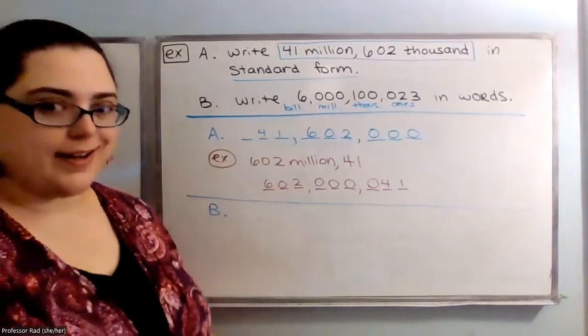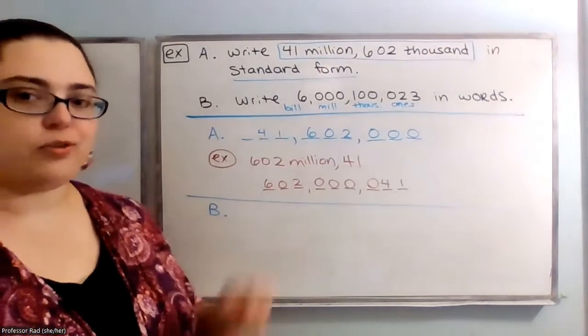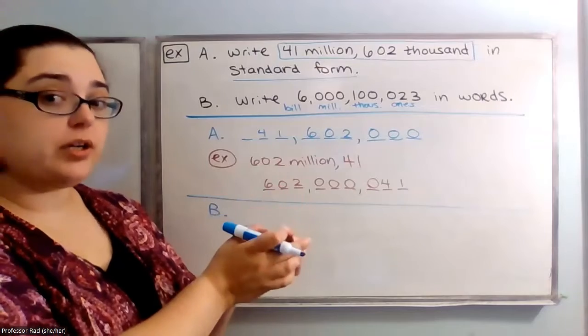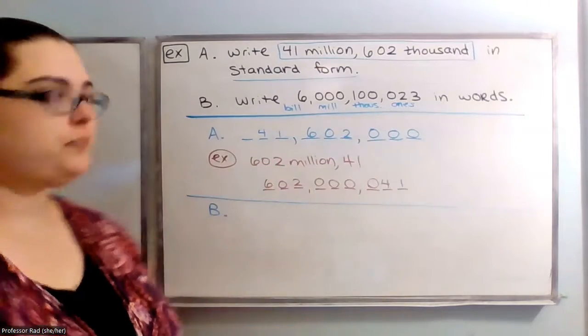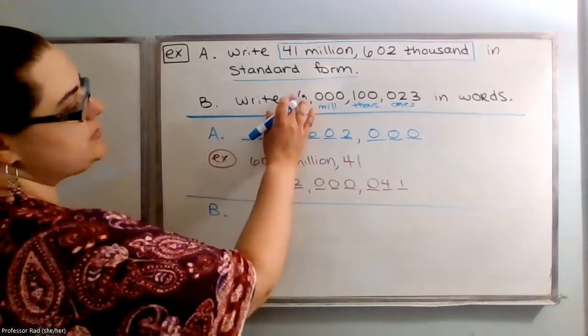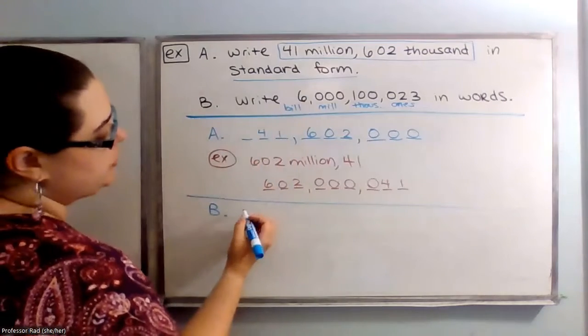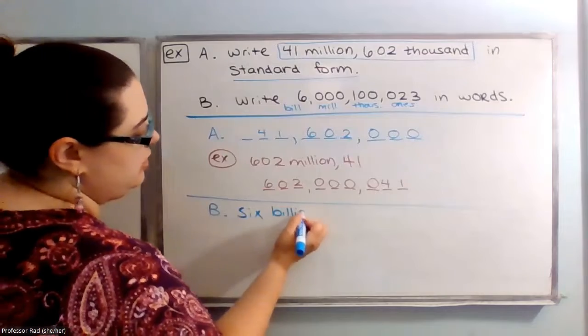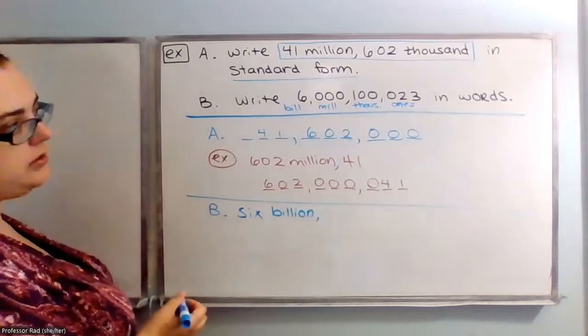So remember, when we're writing out the name of a number, you're going to write out the number that's like the 3-digit number in the period, followed by the period name. So here I have a 6, and it's in the billions period. So I'm going to start out by writing 6 billion, and then a comma.